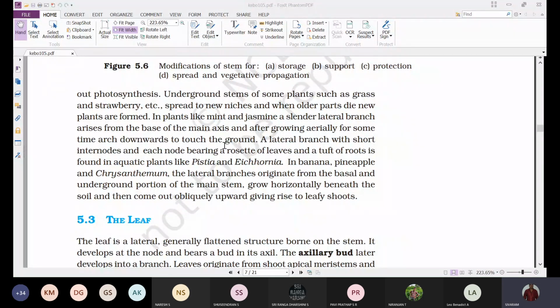What happens? The stem grows horizontally with short internodes. At every node, on the upper side we find a tuft of leaves, and from the lower region of the node a tuft of roots develops.